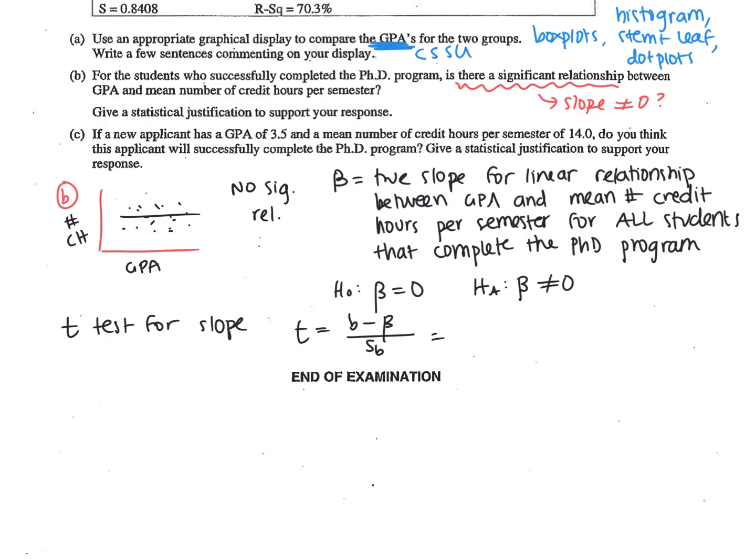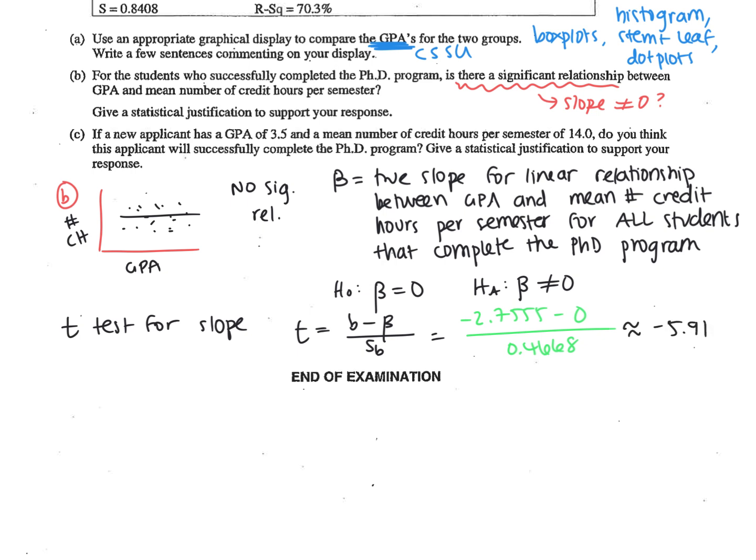So if we go to do that, we're going to get negative 2.7555. Beta is 0, that comes from the null. And our S sub b is 0.4668. And that ends up being about negative 5.91.